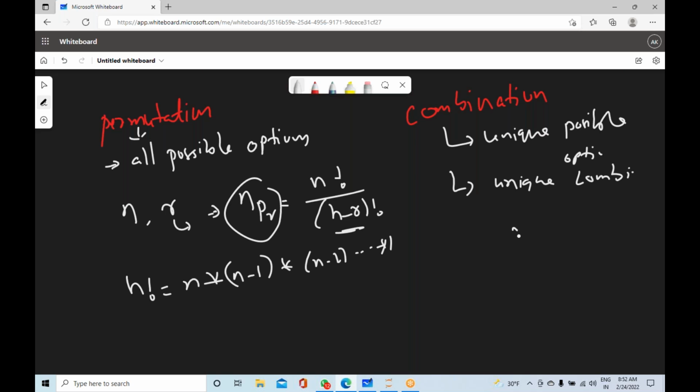When coming to combination, you represent it as nCr. nCr is n factorial by r factorial into (n minus r) factorial, giving all possible unique options. This is a small formula for combinations, guys. For permutations and combinations, just try to understand the formulas, that's enough.